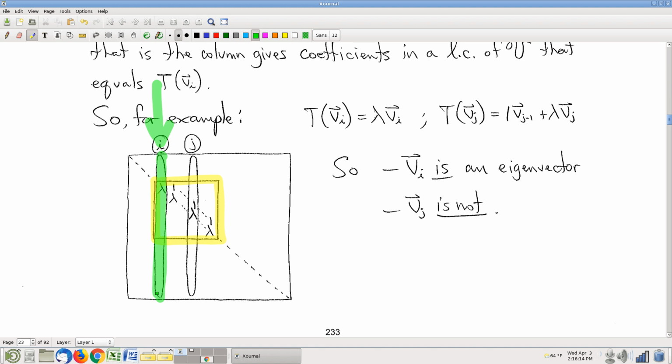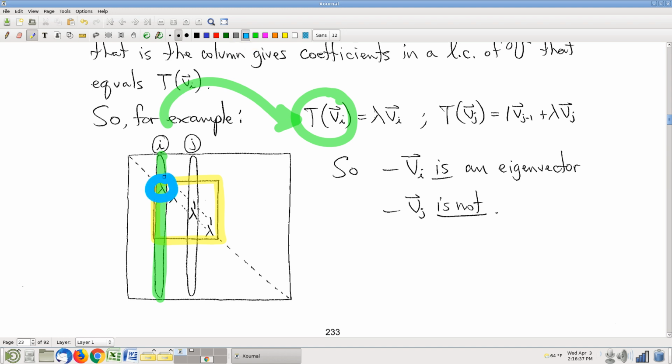Well, that's the ith column, so it is telling us about the image of the ith basis vector. It's telling us T of v_i. More specifically, it's telling us T of v_i in terms of the v basis.